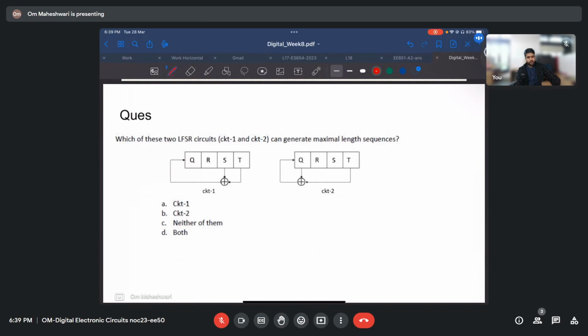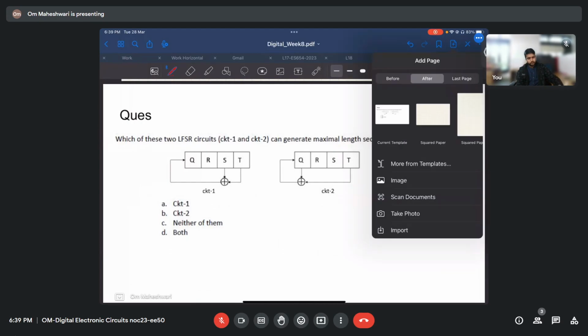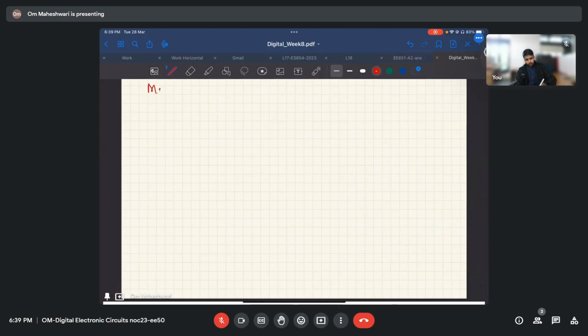Which of these two LFSR circuits, circuit 1 and 2, can generate maximal length sequence? For that, we need to understand first what is maximal length sequence. So we have this LFSR.